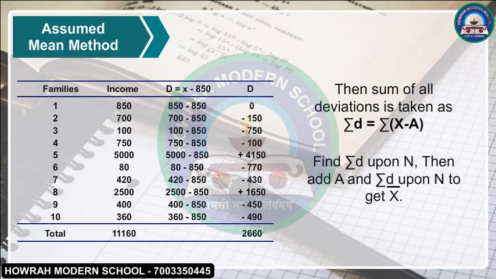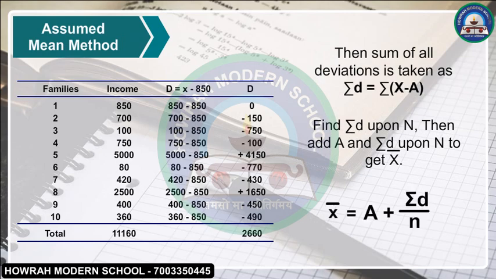Find summation d upon n. Then add A and summation d upon n to get x bar. Therefore, x bar is equal to A plus summation d upon n.